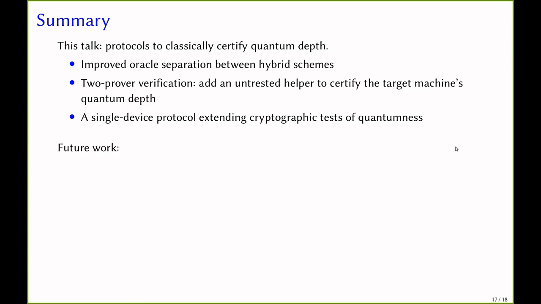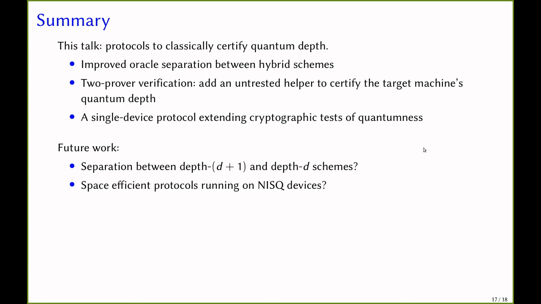For future work, there are a couple of questions that remain to be answered. First of all, can we give a separation between depth d+1 and depth d schemes? And then, can we give a space-efficient protocol that runs on small devices? Our protocols are not very space-efficient.